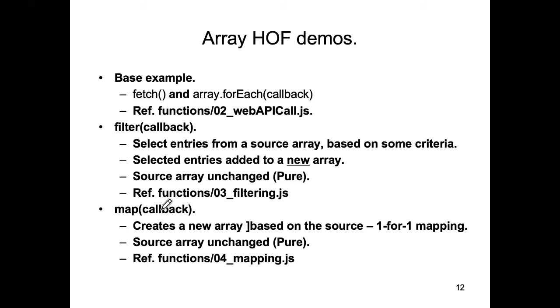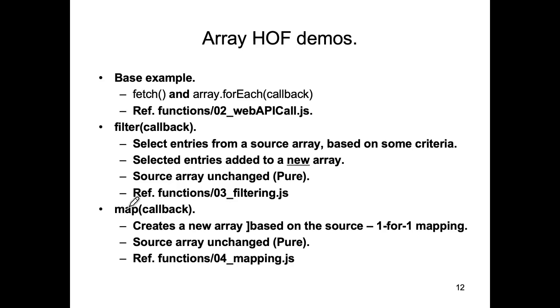That value could be a primitive, or it could be an object, or it could be anything really. Whatever it computes, the result is put into the output array. So there's a one-to-one correspondence between the input array and output array in terms of number of entries, and the entries in the output array are computed from their corresponding entry in the input array.